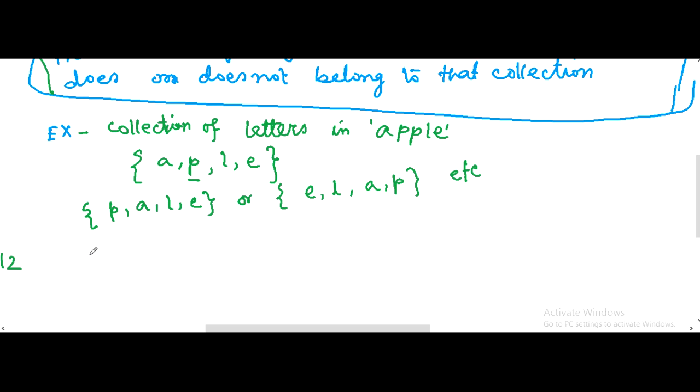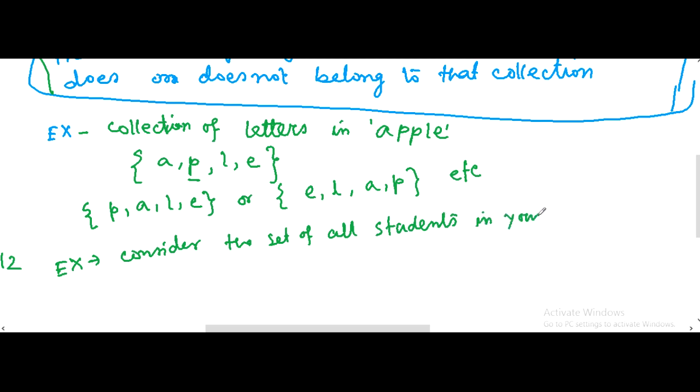Another example: consider the set of all students in your math coaching class.